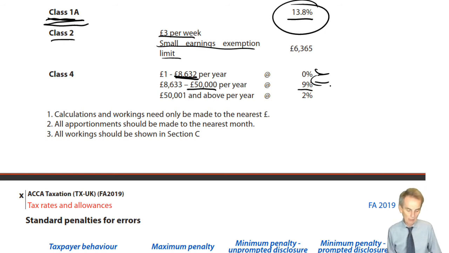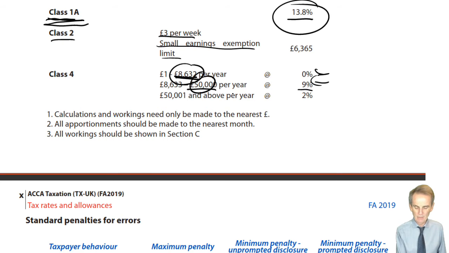So although, yes, we're paying both Class 2 and Class 4, your main rate, the vast majority of the amount that you pay between your lower and your upper limit, is at only 9% instead of 12%, so far as the self-employed are concerned. Go above £50,000 of tax-adjusted trading profit, and that reverts back to, as we had with employees, the 2% rate, with no further upper limit on whatever the amount of tax-adjusted trading profit would be.